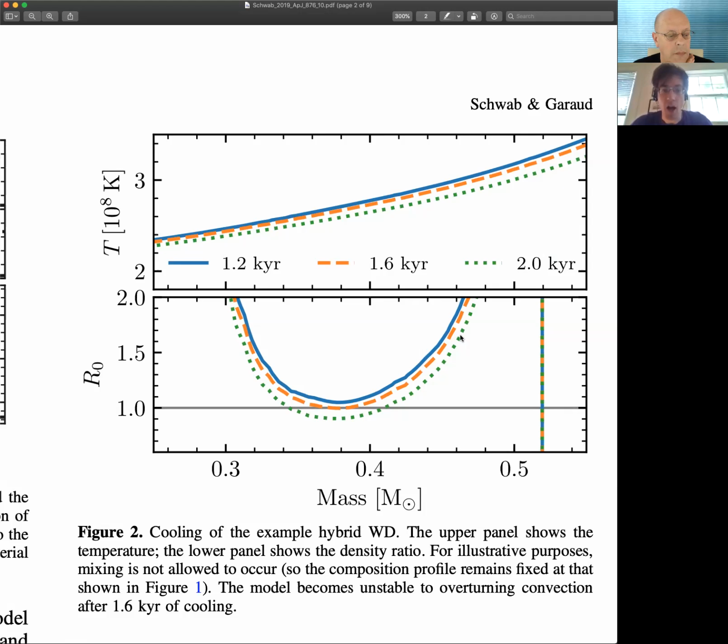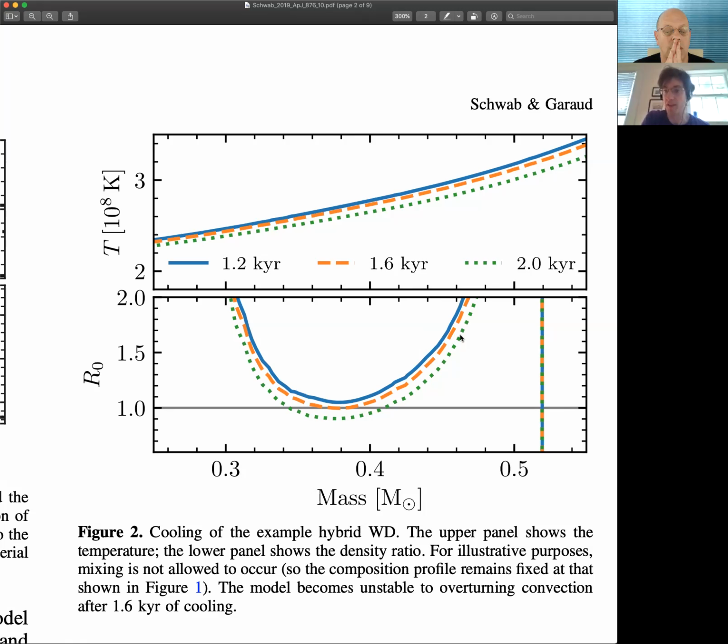Okay. And then the bottom panel shows what's essentially called the density ratio. Again, this is back to this idea of, is this really kind of heavy on light? And this is taking into account the stabilization from the temperature. The minimum density ratio here lines up basically with where the composition is switching from oxygen neon to carbon oxygen.